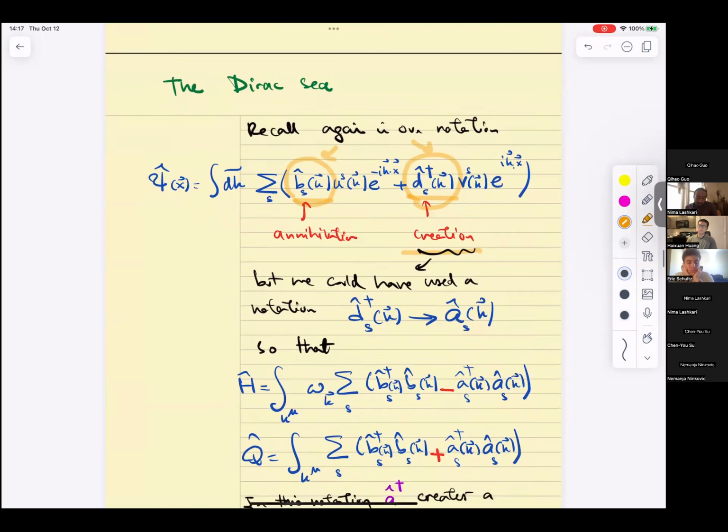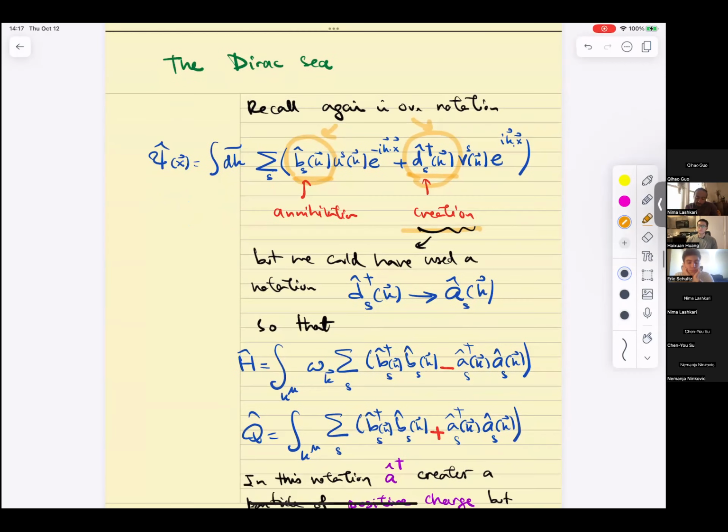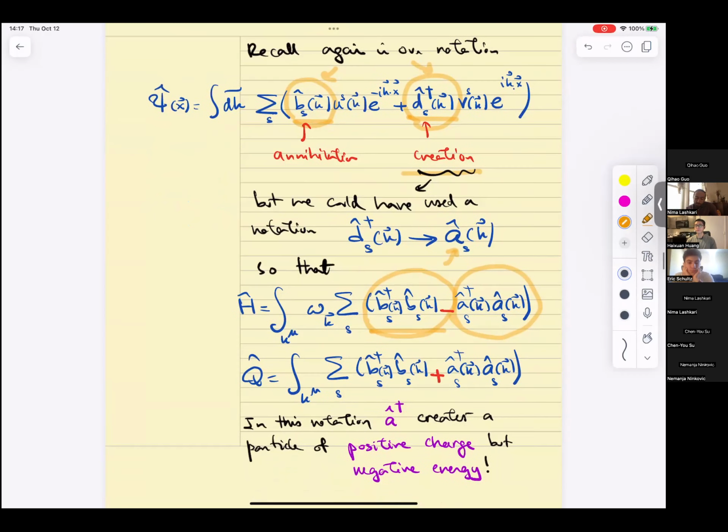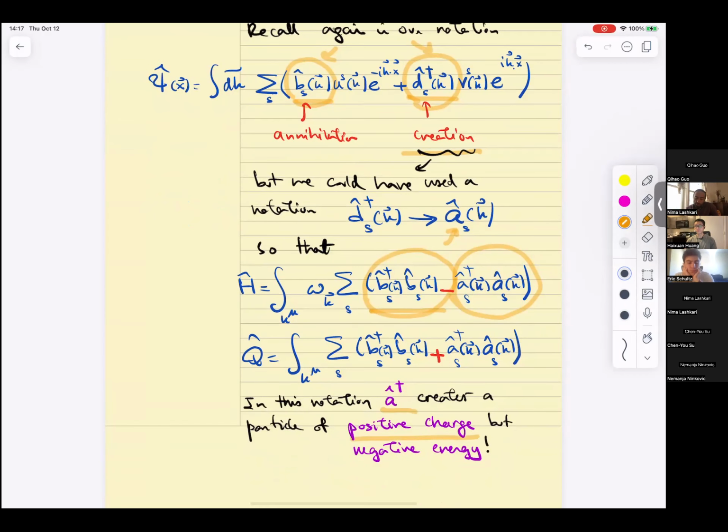So now, in this new language, your Hamiltonian is the number of B particles, and now I'm going to call these A particles, minus the number of A particles. This means that A dagger creates a particle of positive charge but negative energy.